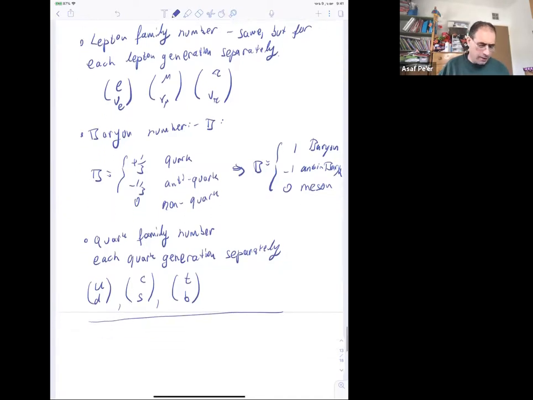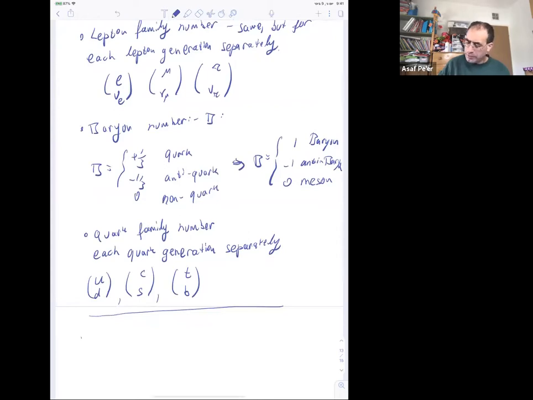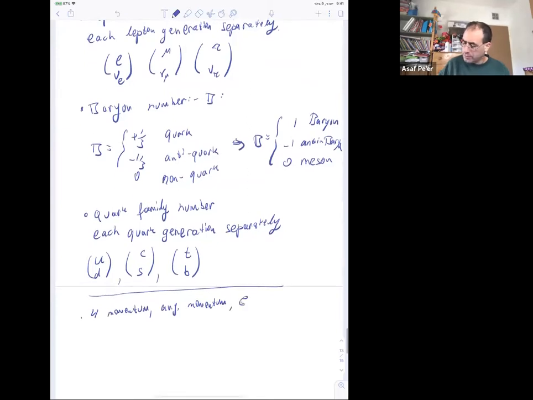So the four-momentum, angular momentum, and the electromagnetic charge are conserved in all standard model interactions.